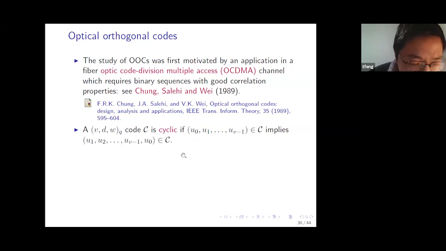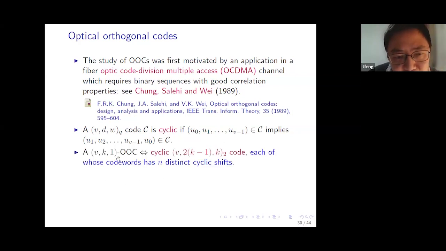This is the definition of cyclic code. A (V,K,1) OOC is nothing but a cyclic (V, 2K minus 2, K, 2) code. That means it is a 2-ary code, a binary code, a 0, 1 code.